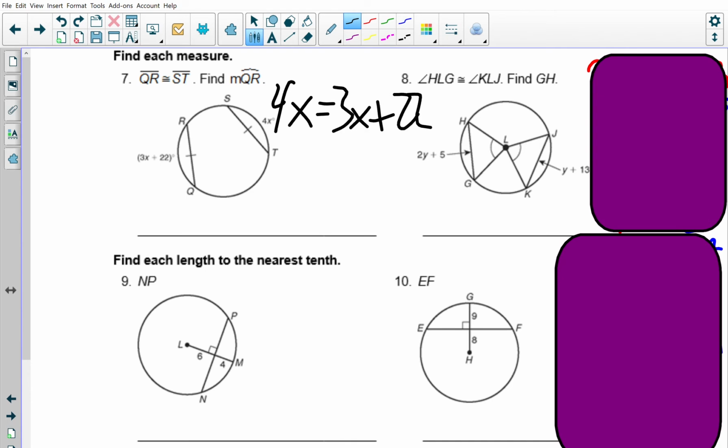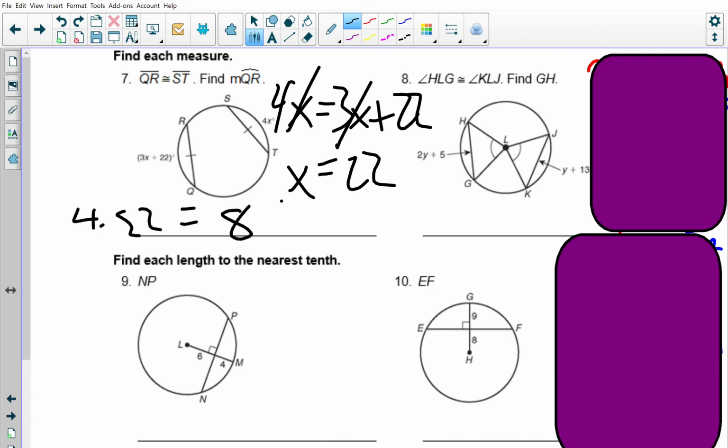When I subtract 3x from both sides, I'm left with x on the left. And that's simply 22. They want to know what each measure is. Well, these are congruent, so 4 times 22 is 88 degrees.